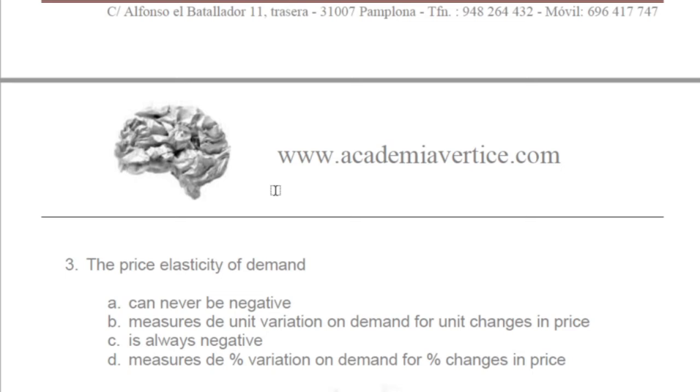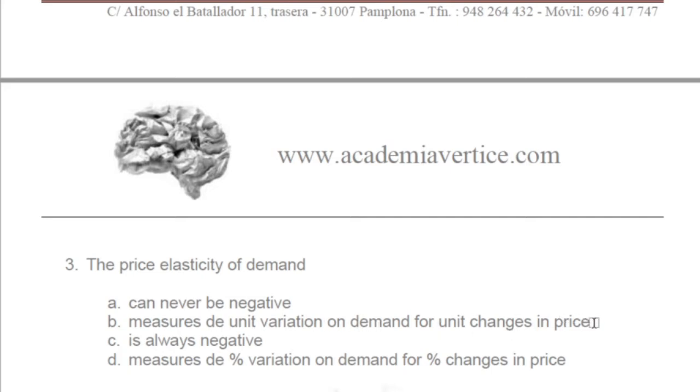The third one: the price elasticity of demand can never be negative. No, of course it can be negative. It is almost always negative for all the so-called ordinary goods, those goods that verify the law of demand. Does it measure the unit variation in demand for unit changes in price? No, this is the slope.